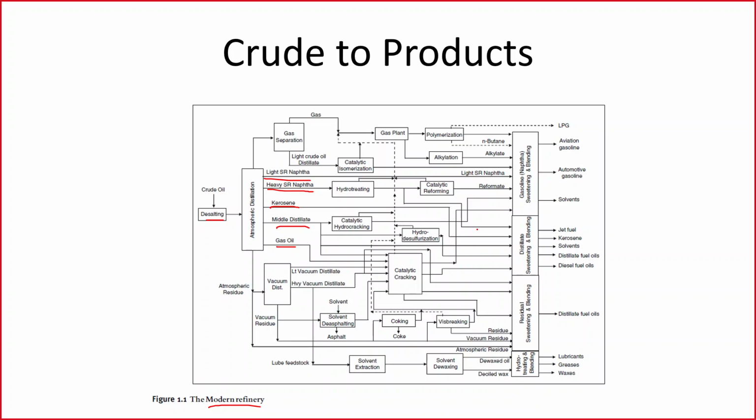So are we more profitable by making more gasoline, or more diesel, or more jet fuel, and so on and so forth? These are the things that we have to consider on that planning basis, so that we can always make the refinery run at its optimum profitability scale.